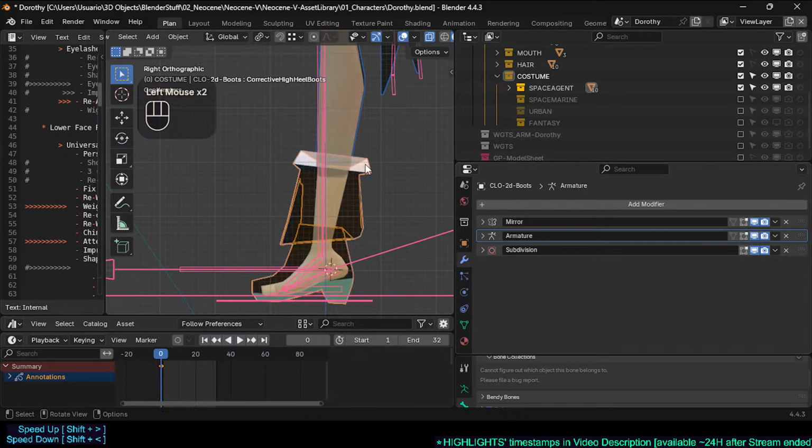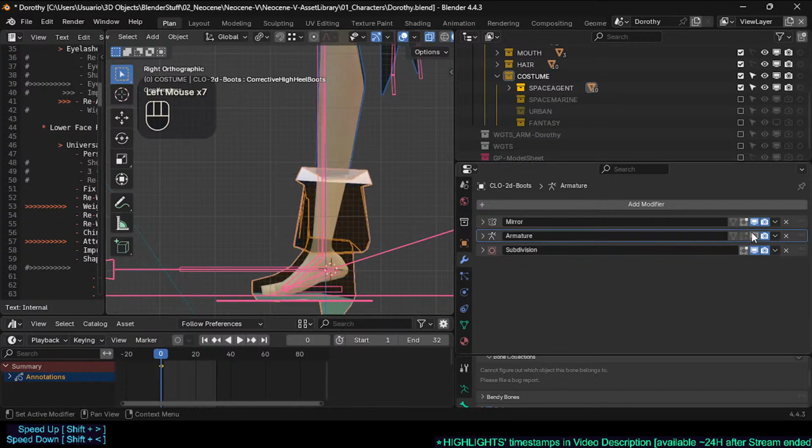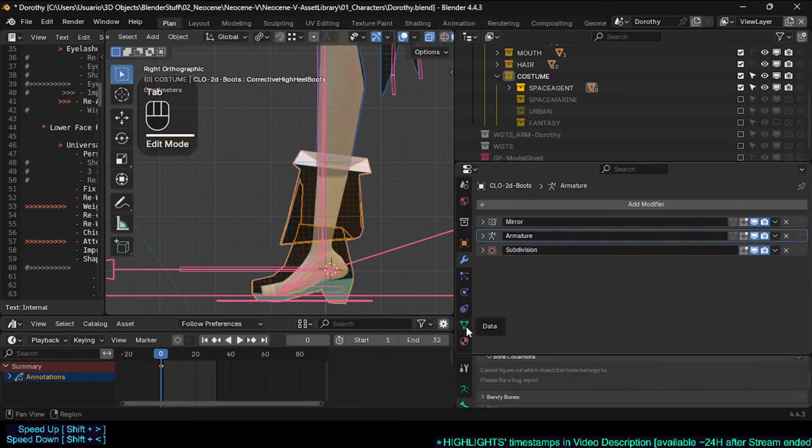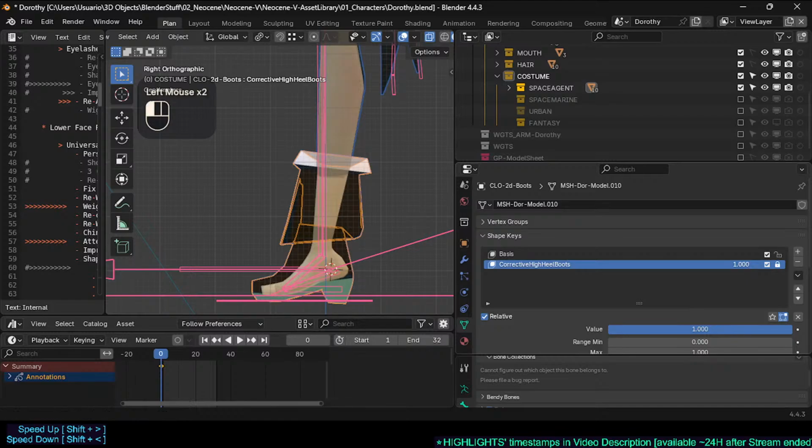The armature modifier makes it adapt to the high heel stance in that part, at least. And the shape key is more about, okay, you'll see the shape key will be later.